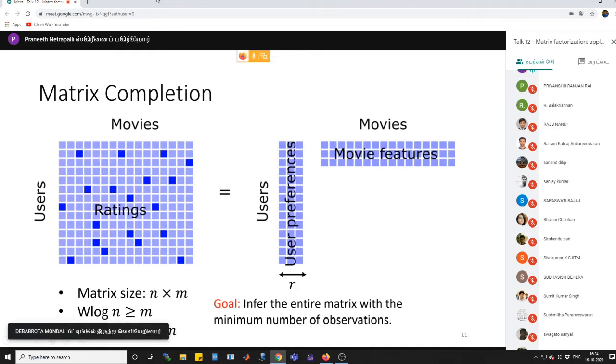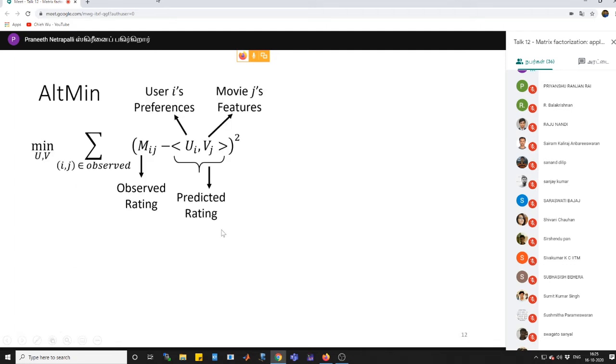For the purposes of this talk, we can just think of R as constant. The results don't really make this assumption, but for clarity of understanding the results, we can just assume that R is a constant. And as I mentioned, the goal is to infer the entire matrix just based on seeing this few number of observations. Okay, that's the problem.